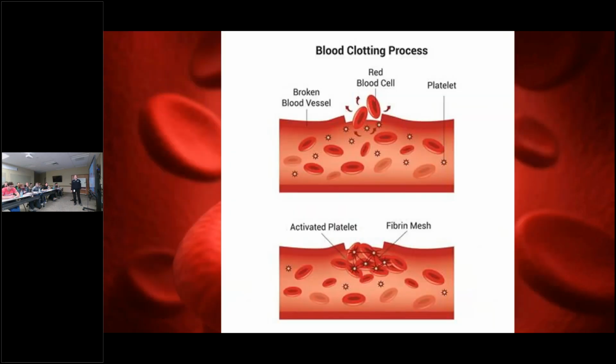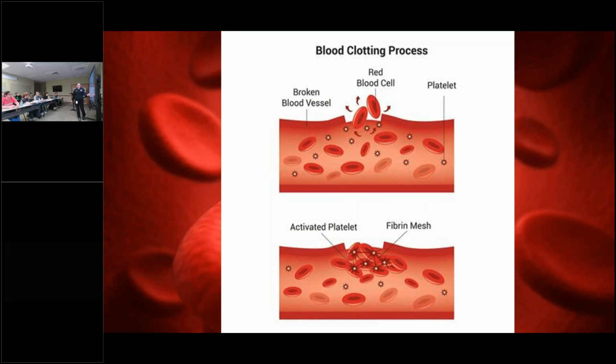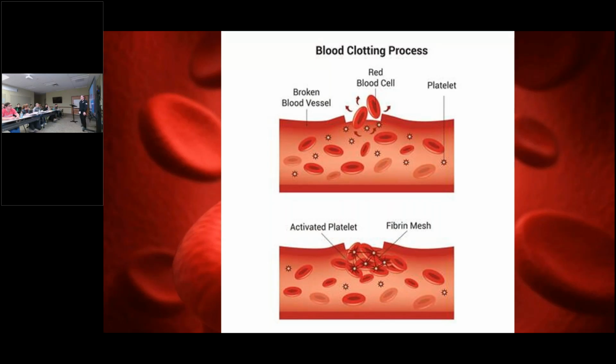Perfect. All right. So when our blood clots, what happens, right? We get an assault or injury to our vessel. And then our little platelets, the collagen that sits on the other side here lets off little hormones that says, hey guys, this is a problem. So all of our little platelets start to clump up together. And then we get our clot, and it's held together by a fibrin mesh.